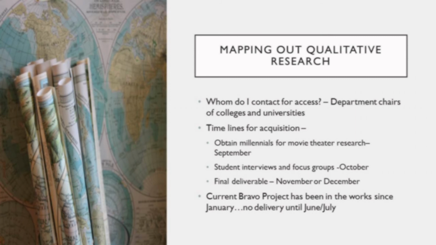There was a client project that I had last year, and it was in the works since January, and I didn't have a deliverable until about June or July. And so it takes a while, there's no question about it.